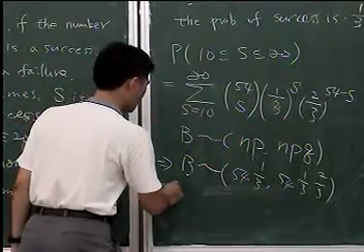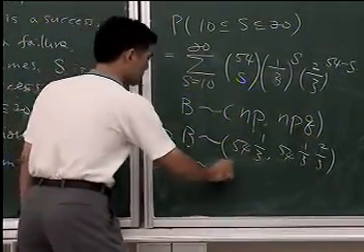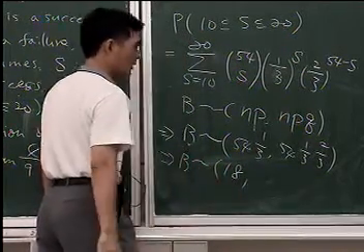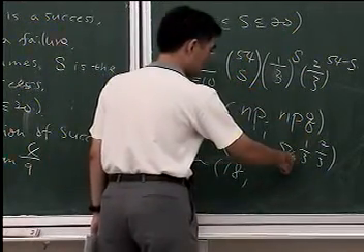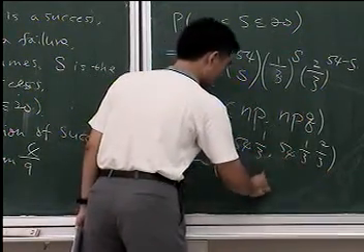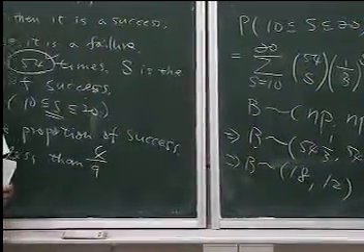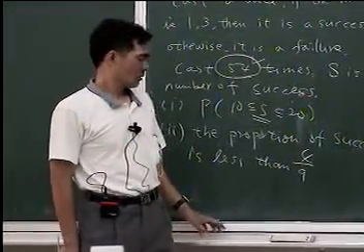So then what do we get? The mean will be equal to 18, and the variance is equal to 12. Any questions?